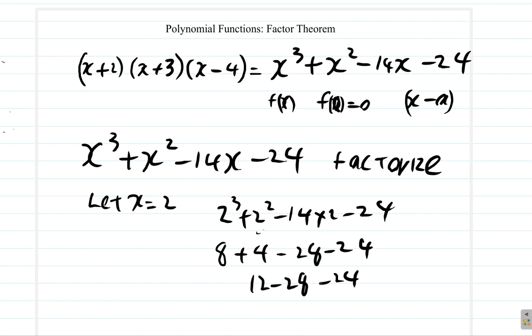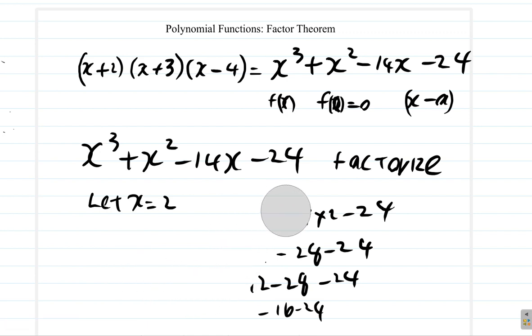And 12 minus 28 is going to be what? If you have 28 and you minus 12, it's going to be 16. This will be negative 16 minus 24. That's certainly not going to give us 0. So let's try negative 2 now.